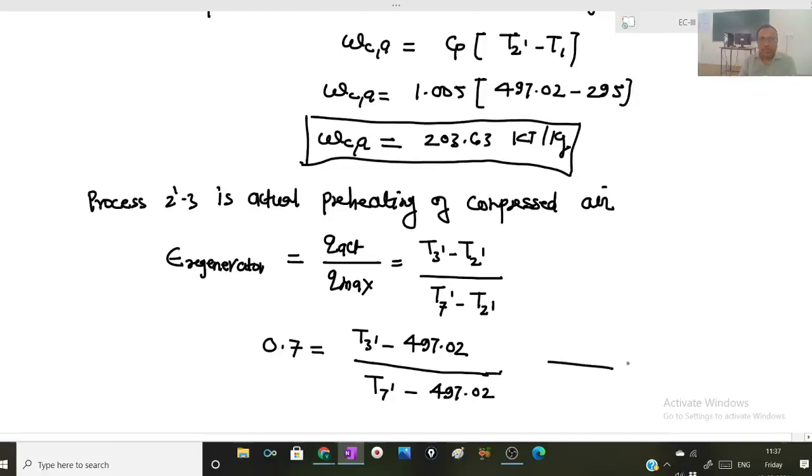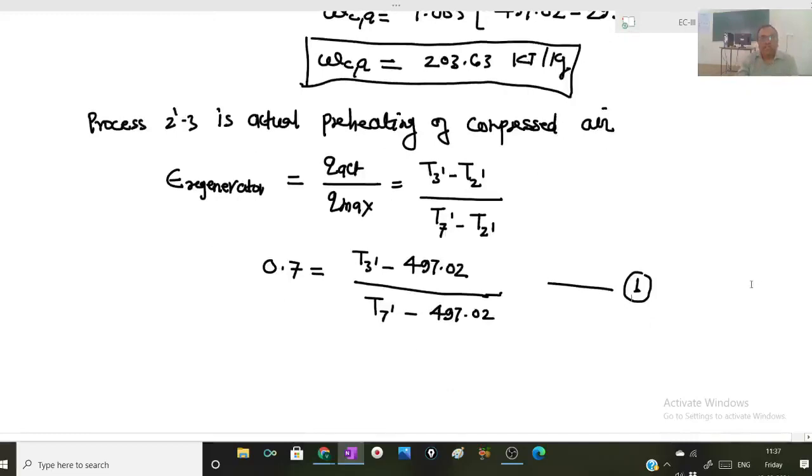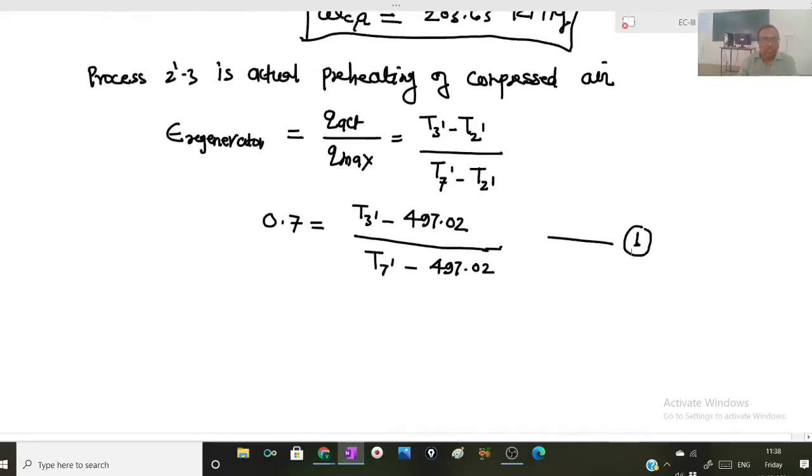Let's say in this equation two unknown temperatures are there. So at this moment I am not able to calculate. So let us say this is the equation number 1. Okay. I will be requiring this equation later on once I am able to calculate either the T3 dash value or T7 dash value. Now let us move on to the next process.